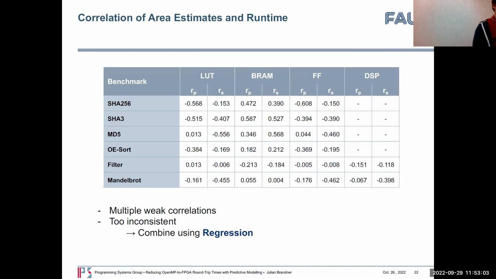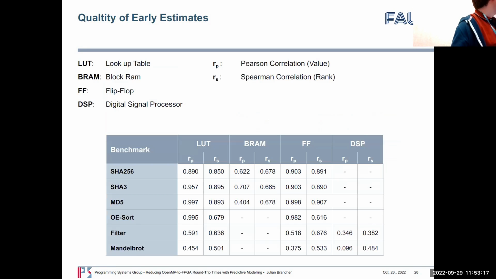What do you mean that the LUT is 0 point something and the VRAM is 0 point something? Well, here it's the correlation of the predicted usage of these resources with the performance, and here it's the correlation between the predicted usage and the actual usage. We didn't predict the usage of the main memory because it's not part of the actual IP kernel that we generated. The main memory is used basically on demand.